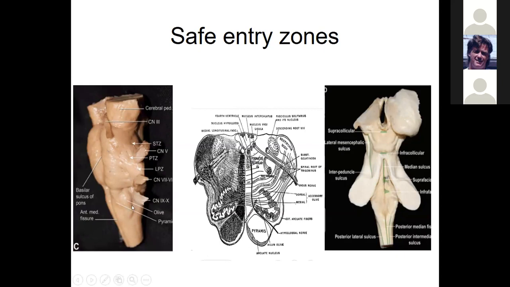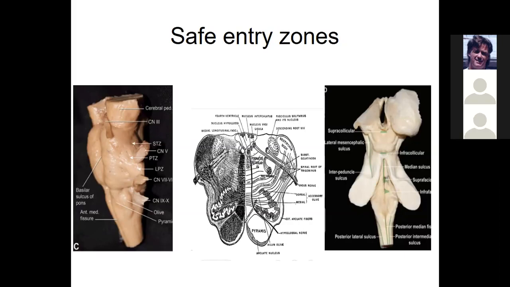The most used safe entry zone is the retro-olivary sulcus as it provides a surgical space of 13.5 millimeters craniocaudally, 7 millimeters transversely, and 3.5 millimeters anterior-posteriorly. So for the far lateral approach, one of the used safe entry zones is the retro-olivary sulcus.